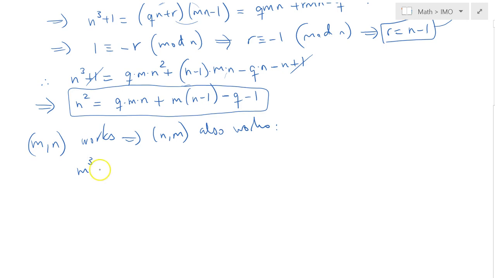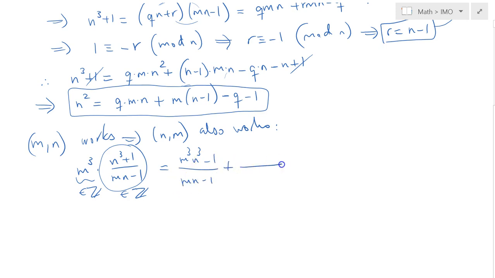It is very clear how that would work: we would get m cubed plus n cubed plus 1 over mn minus 1. Now we already know this is a positive integer, so luckily I should be able to split this into 2 fractions, namely n cubed minus 1 over mn minus 1 plus m cubed plus 1 divided by mn minus 1.